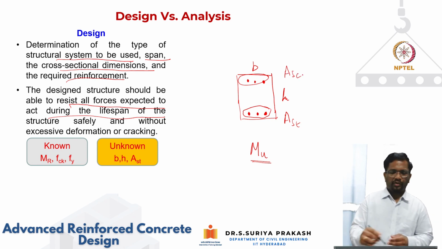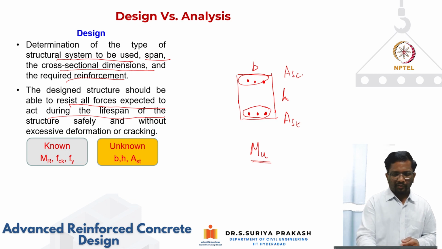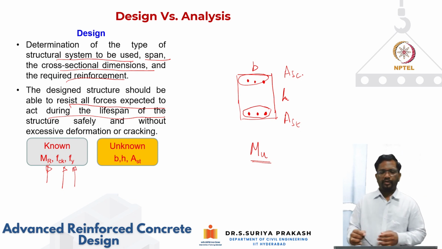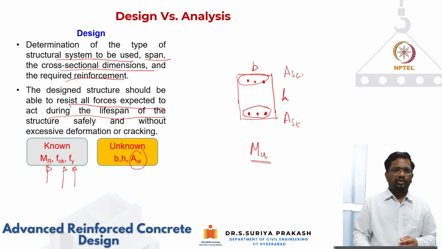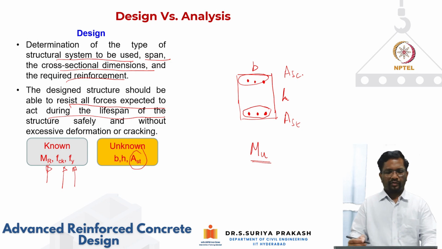The knowns would be the maximum moment of resistance that is required, the grade of concrete, and the steel grade. B and H you will assume. Most of the time, we end up determining the amount of steel that is actually required for your design.